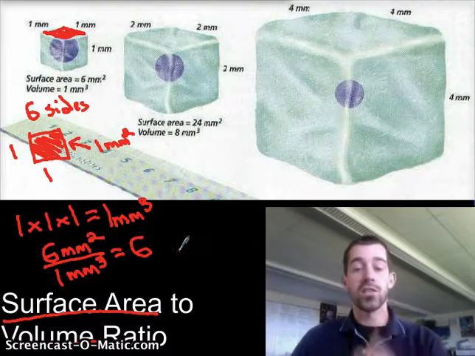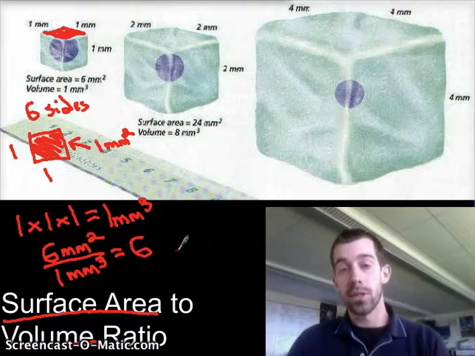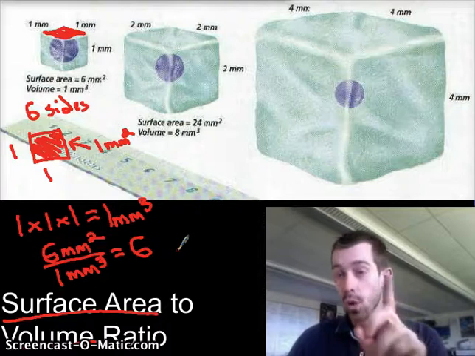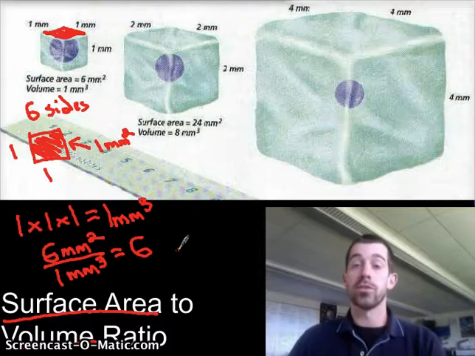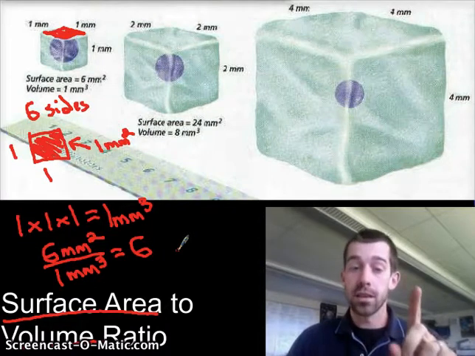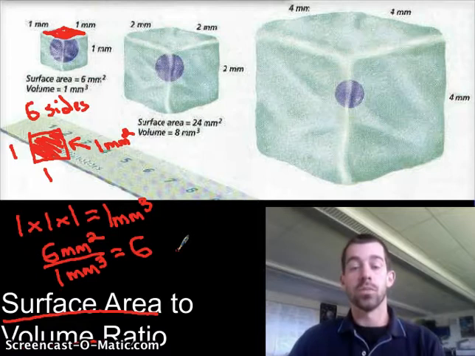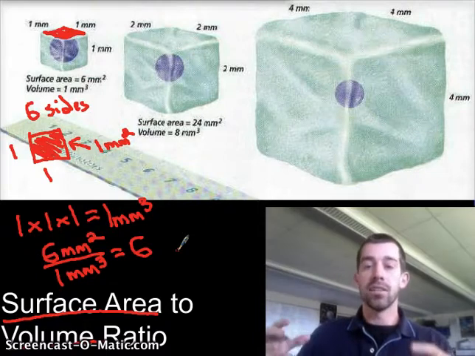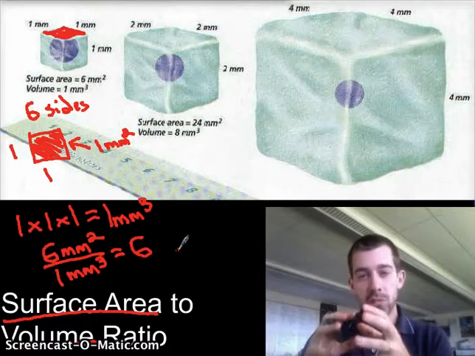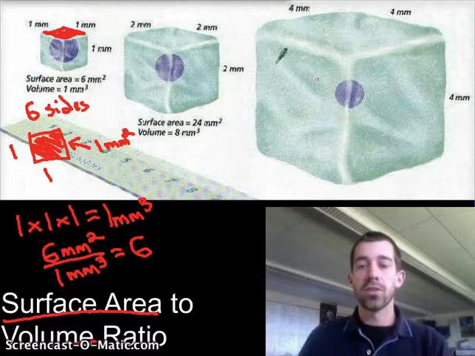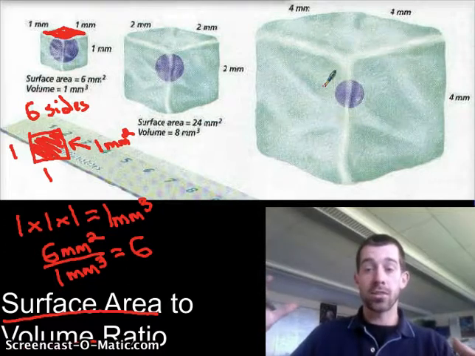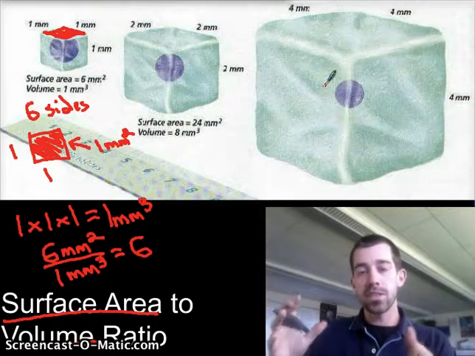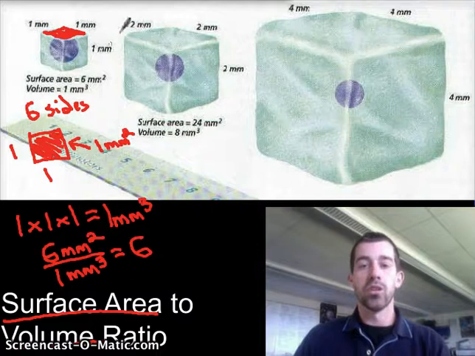In other words, you have 6 square millimeters of surface area for just 1 cubic millimeter of volume. And that means you've got a lot of cell membrane for just a small amount of cell. Whereas this guy over here has a huge amount of cell with a relatively small amount of cell membrane. So he's not able to actually feed all that cell.